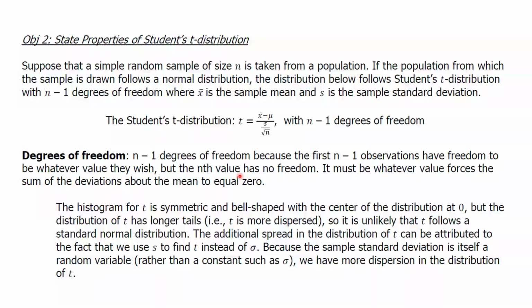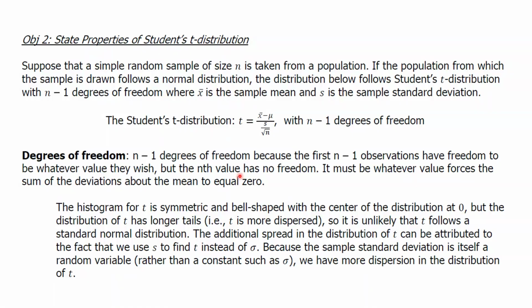If I were to tell you that the mean of 3 numbers is 10, and I tell you 2 of the numbers are 8 and 9, you can figure out the third number, and that third number must be 13, because 8 plus 9 plus 13 equals 30, and 30 divided by 3 equals 10. So that third number, 13, has no freedom. It's locked in by the other values and the mean.